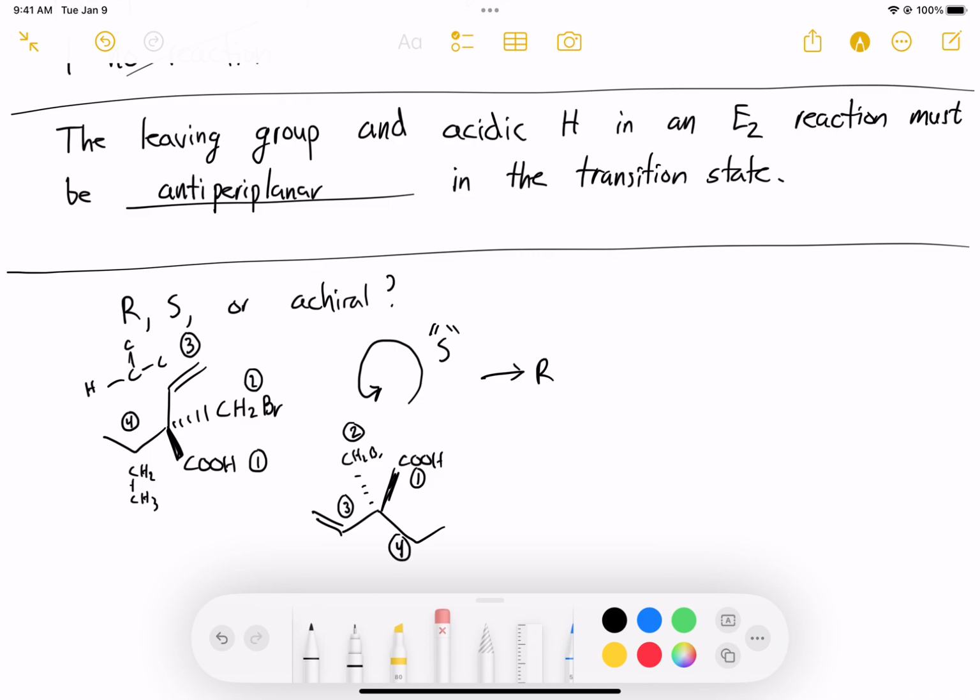So let's rotate it a bit. Not easy to rotate. But if we did, I think we would get something like this.